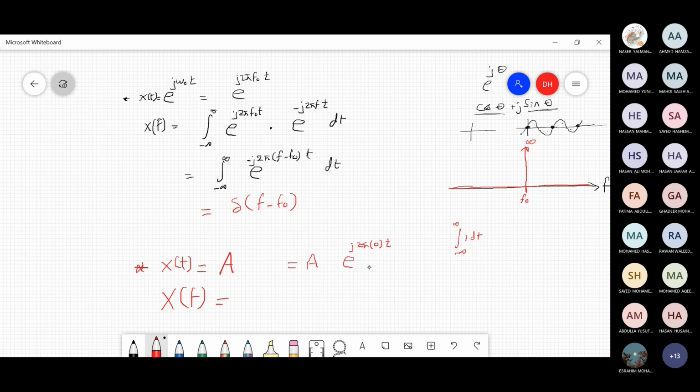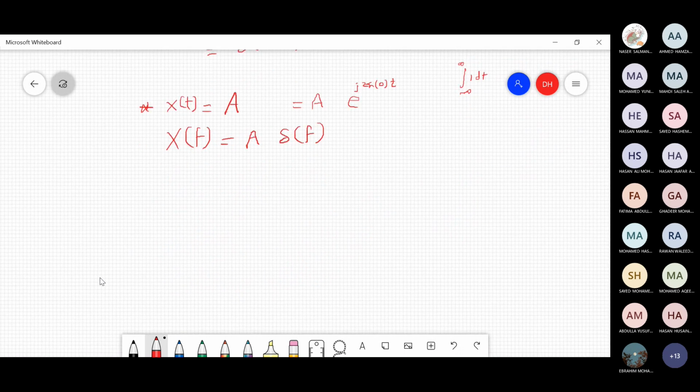Then a is constant, so X of f equals a delta f minus f naught, but f naught is equal to 0 now, so then it is equal to a delta f. This is the result. This is very important.